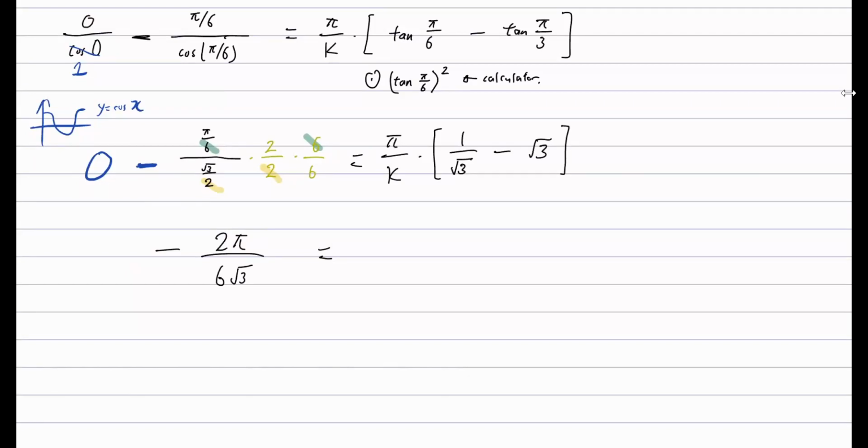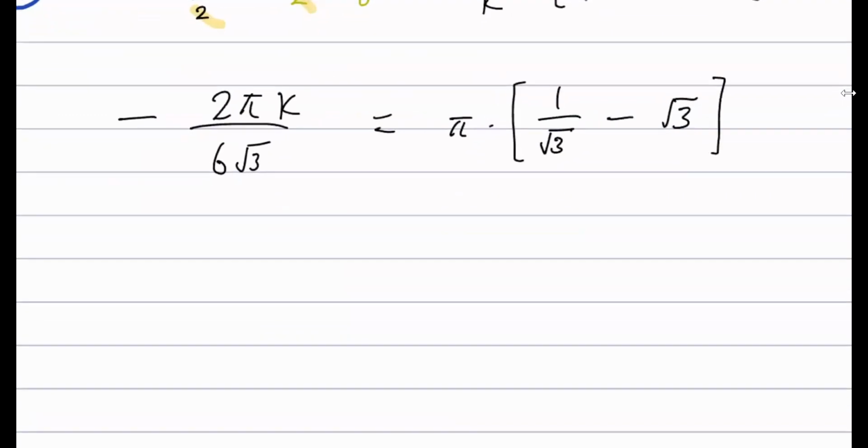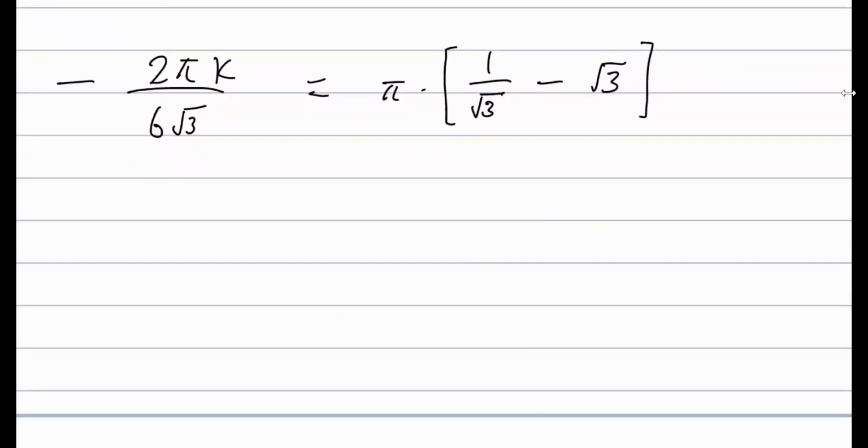Solve for k, right? But k on the denominator, so I will cross multiply. This k goes here. Okay. It remains. Anything to cancel away on both sides before you multiply in the bracket? Cancel away the 2 and the 6. I mean, that's not on both sides. But yeah, that's a good thing to think of.